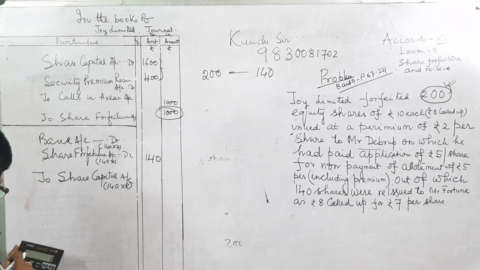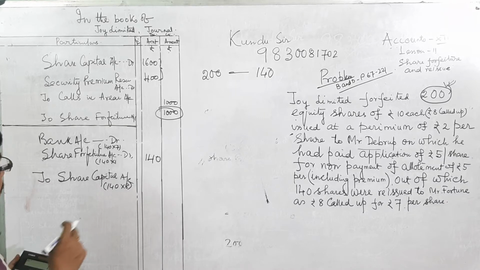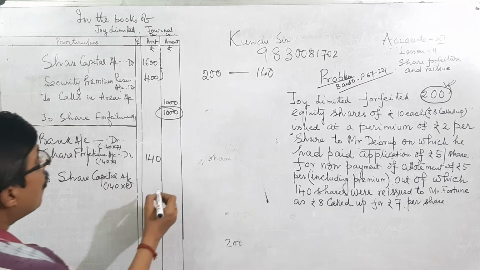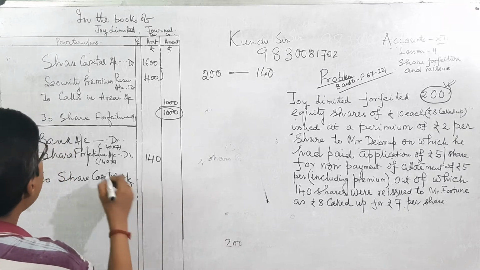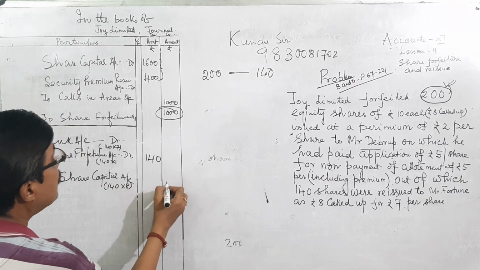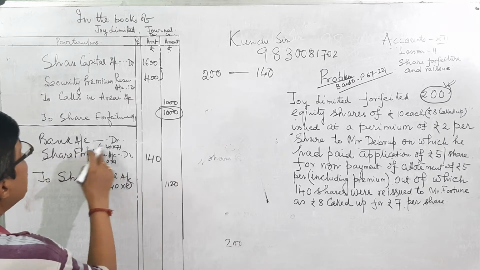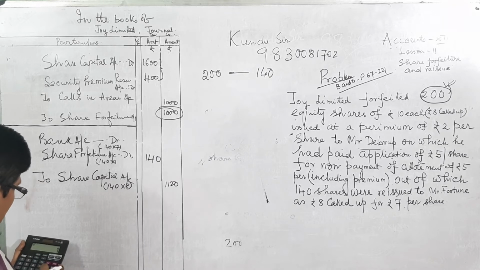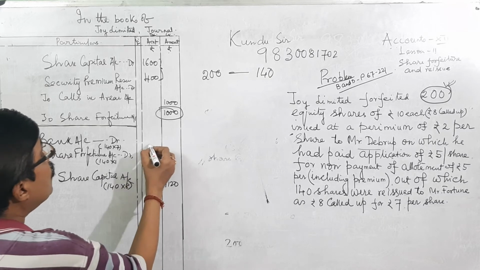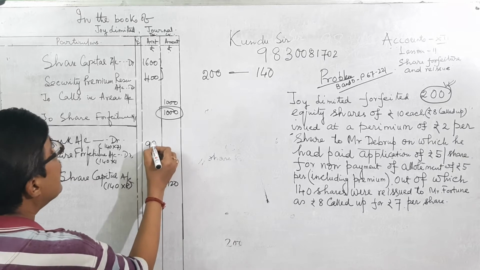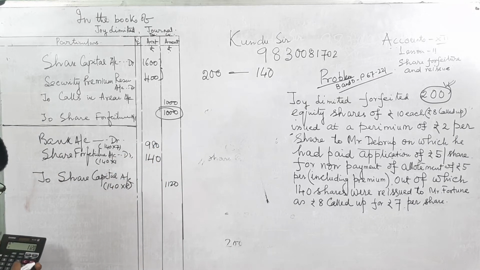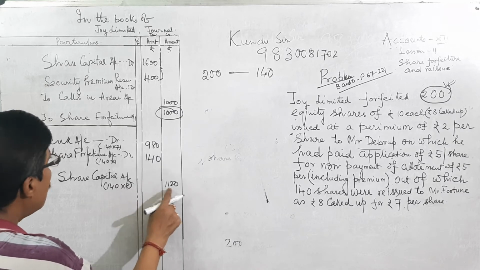That means 140 multiplied by 8 comes to 1120. Bank 140 into 7 equal to 980. 980 plus 140, that is 1120.